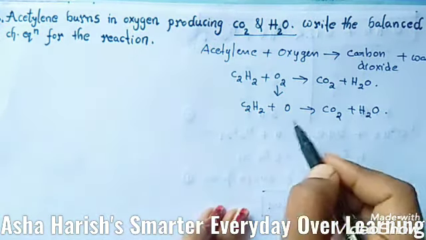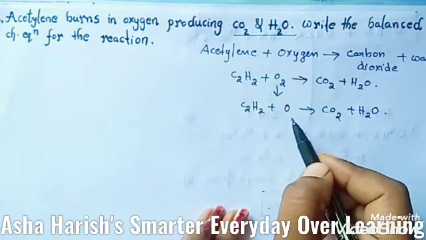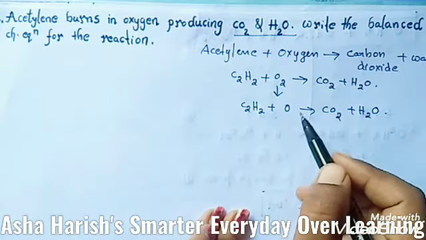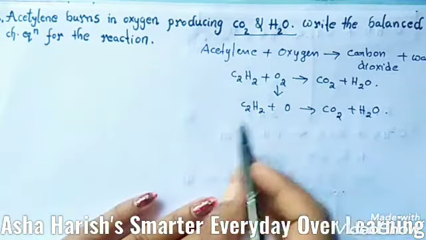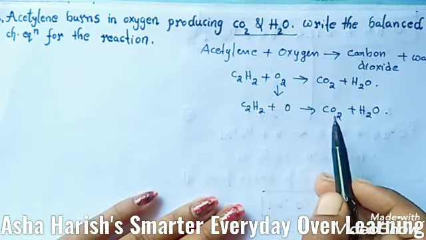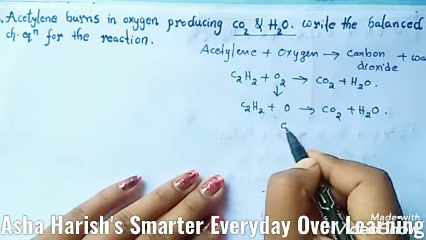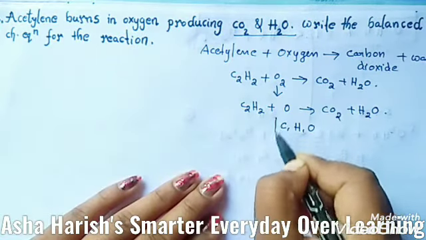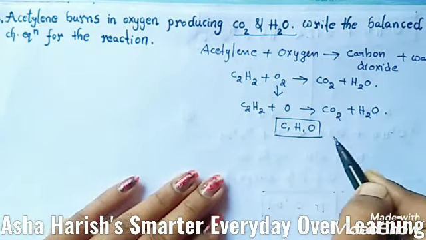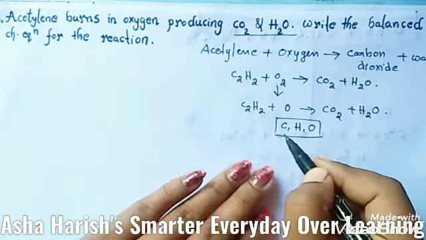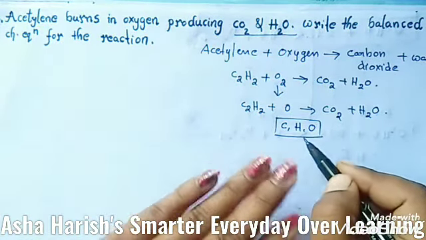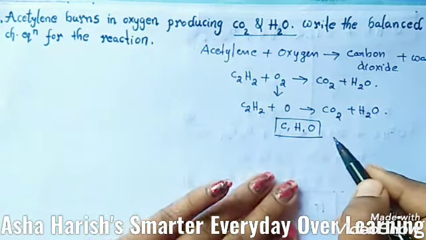Okay, only this is the atomic state of oxygen. We have represented it like this. Now students, here the order of the selection of atoms for balancing is carbon, hydrogen, oxygen. In this order, let's balance first the carbon, then the hydrogen, and the third one is oxygen.